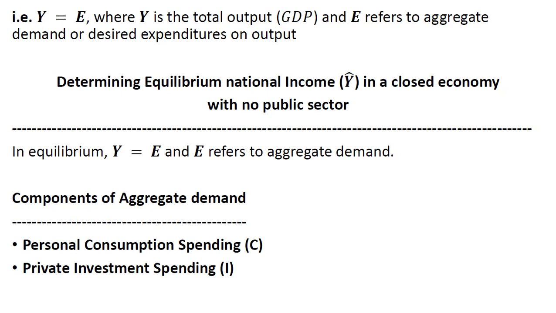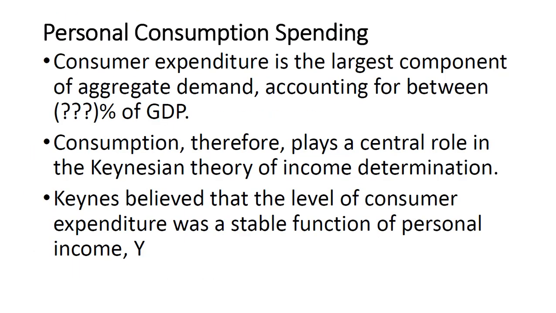So let's look at the components of aggregate demand. The components are two in this simple economy, where we have personal consumption spending and private investment spending. The personal consumption spending has to do with you and I, we the consumers who go to the market to spend part of our income to buy. How much we spend as individuals depends on our income, how much we earn.